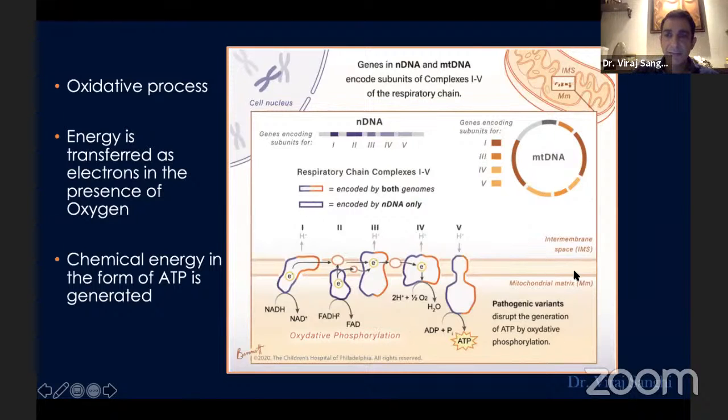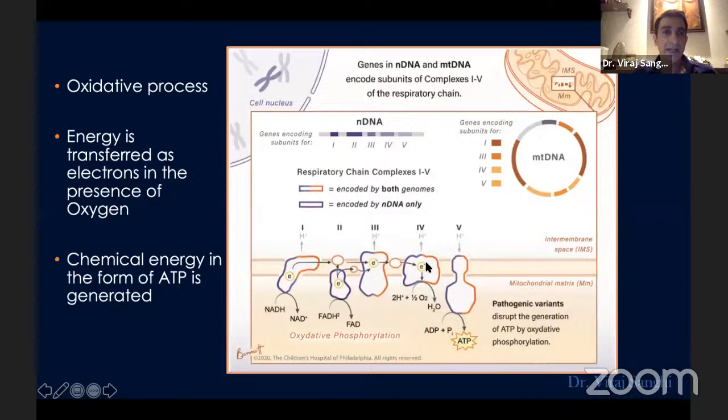This is the inner membrane over here. This is the intermembrane space. And this is your OXPHOS complex. As we talked about, there are 5 complexes: complexes 1 to 4, which are the respiratory transport chain, and complex 5, which is your ATP synthase. In the OXPHOS reaction, all you have to remember is that energy is transferred as electrons from one complex to the other in the presence of oxygen.